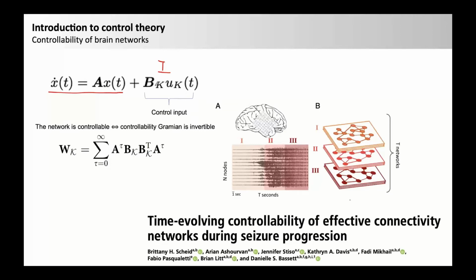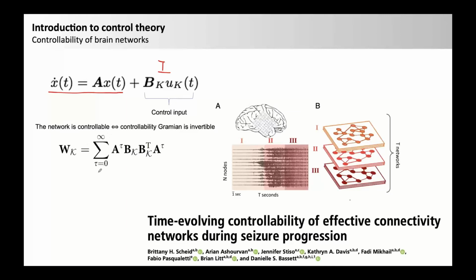And this is only the linear version of it. And this is, if your system looks a little bit like this, yes, it does for us, plus some noise, right, always. But if we ignore that for a minute, we can say that our network defined by A is controllable if and only if the controllability Gramian is invertible. So what's the controllability Gramian?